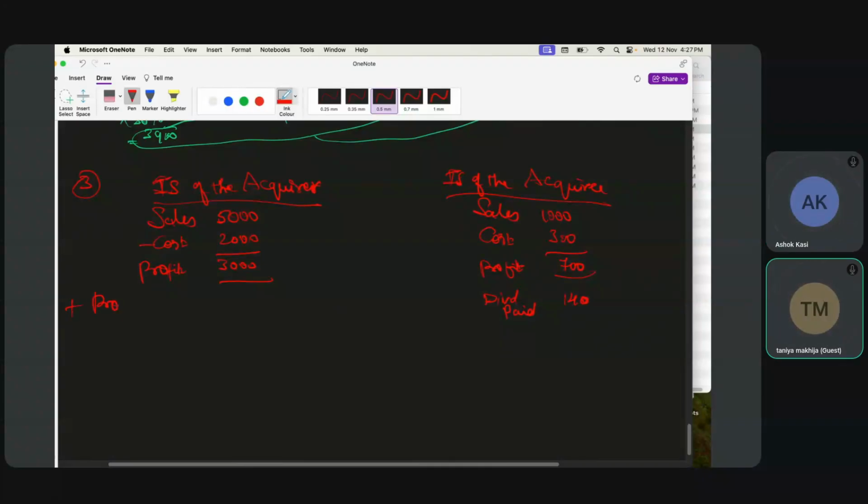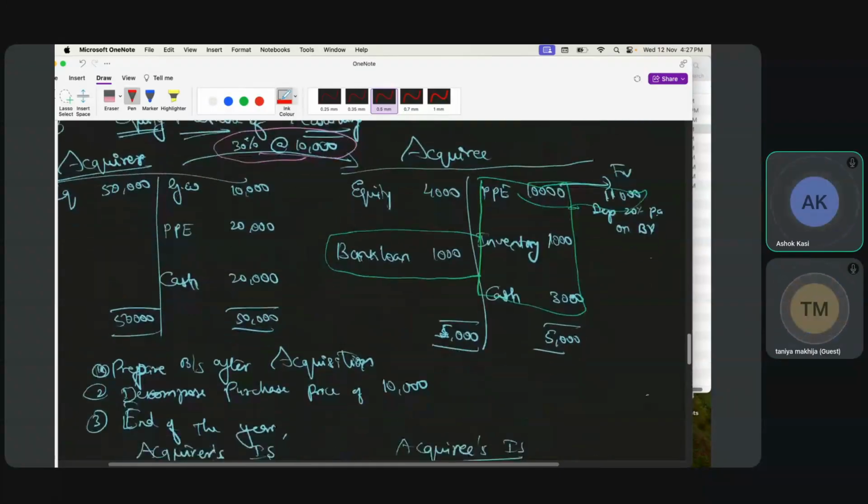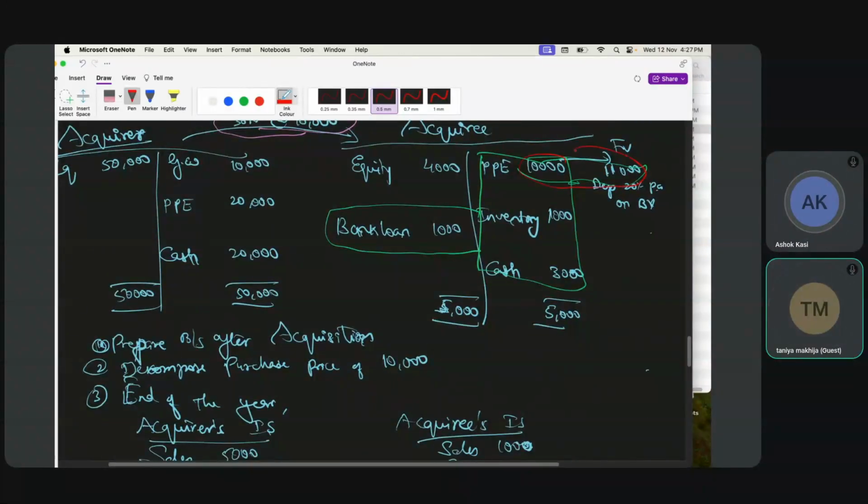So plus proportional profit: 30% of 700, that is 210. Then depreciation. Why only 1,000?